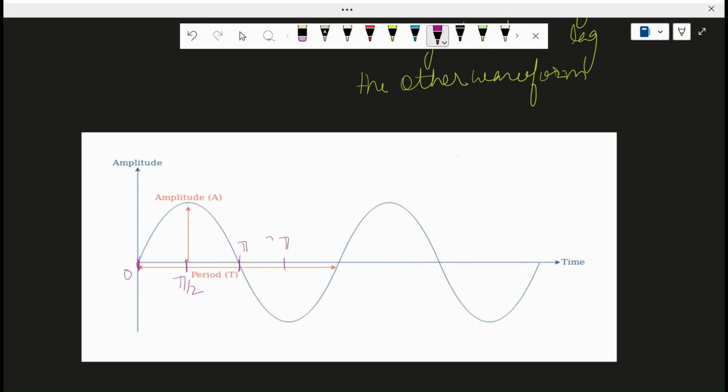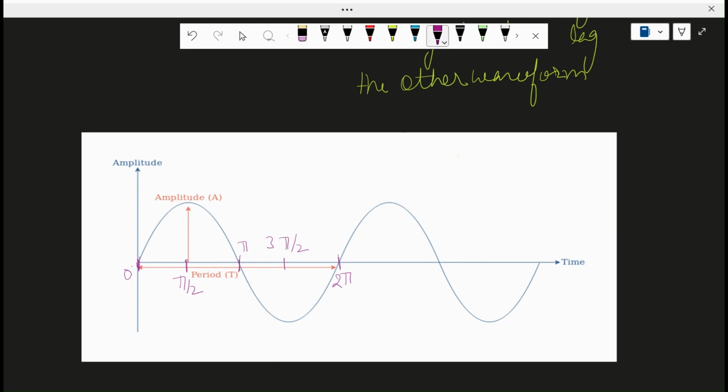These are the different angles which we had in a sine wave, the main angles, though we have different angles between 0 to pi by 2 also, pi by 2 to pi also. So these are all at certain different angles. Our wave is making certain phases, that is phase angle.